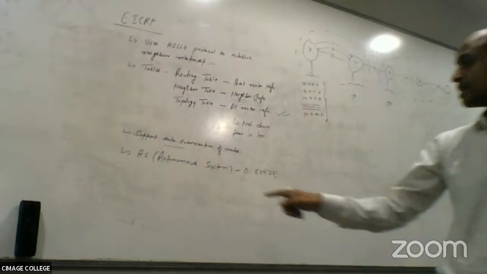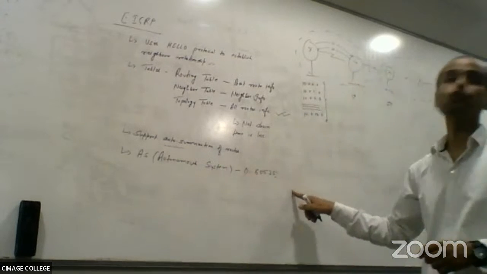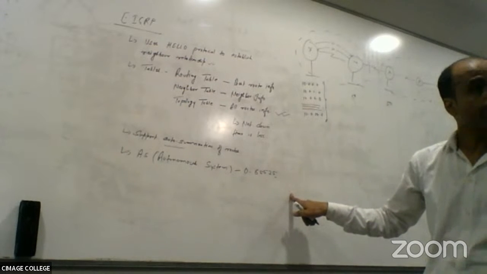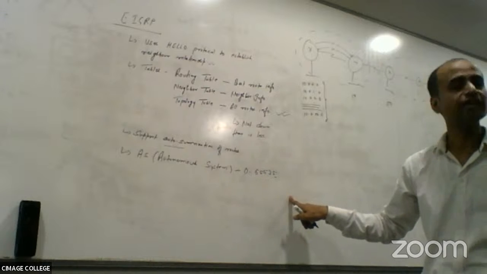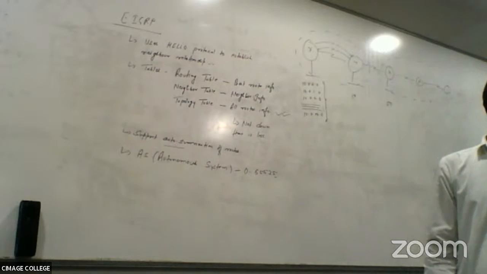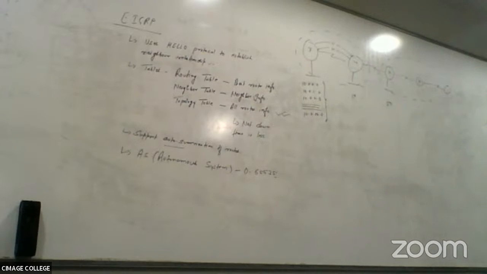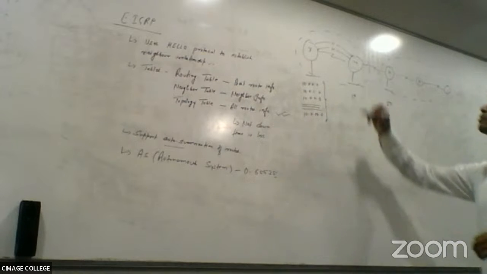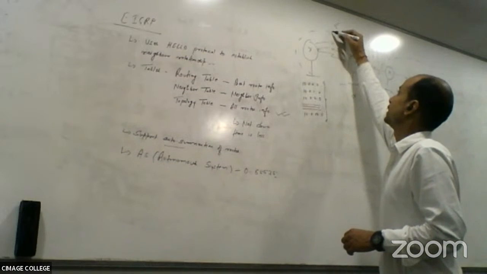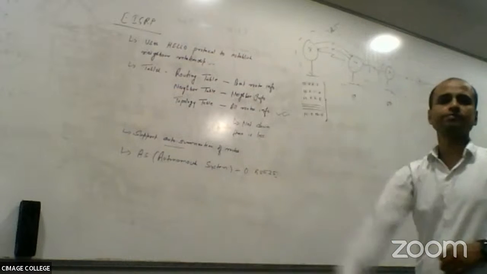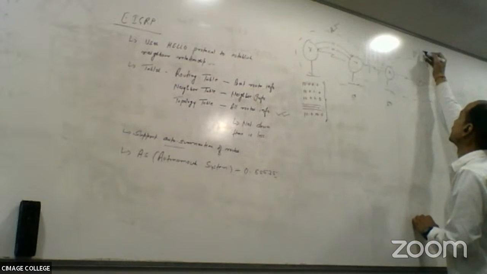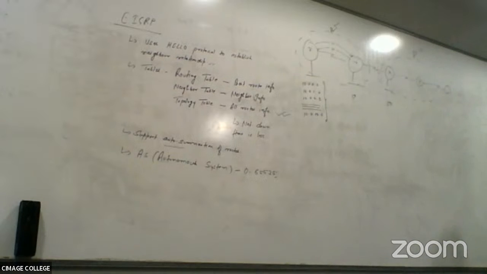Then in this case, the AS value will be used. At the time of configuration of EIGRP, we specify this value. I'm going to use AS value 5 for this group, and for this group, suppose AS 10. Simple.